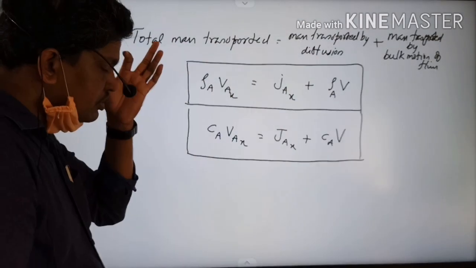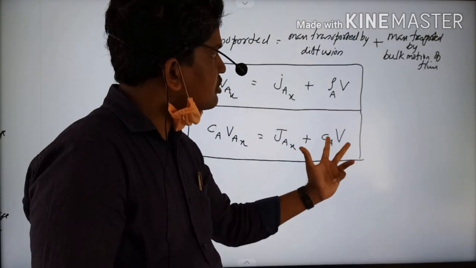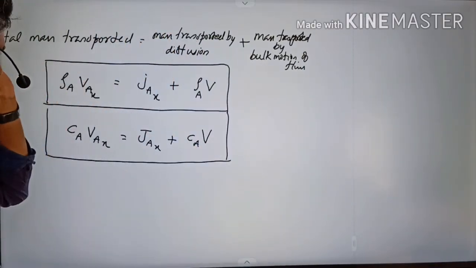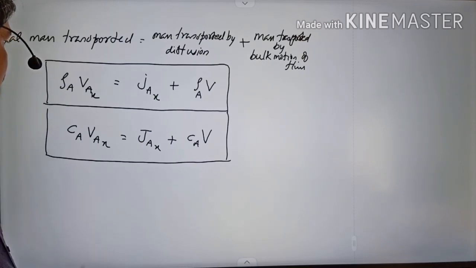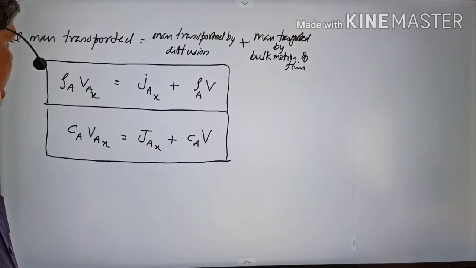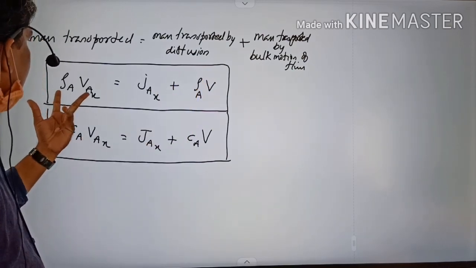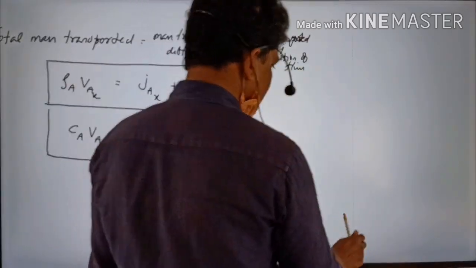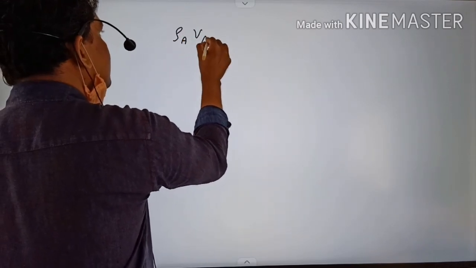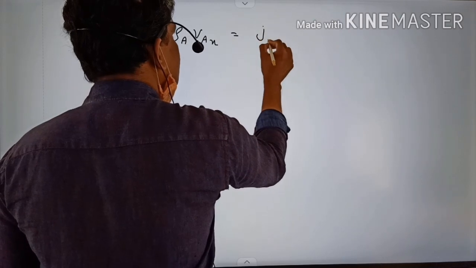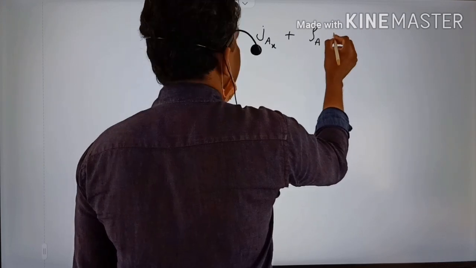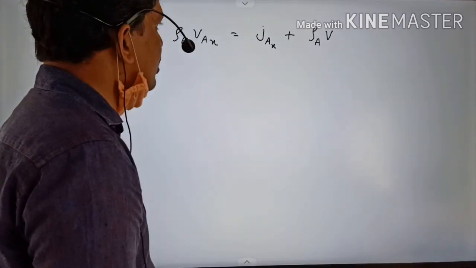The total flux is equal to the diffusion flux plus the flux due to bulk motion. Then rho A VAx is NAx. So we have rho A VAx equal to jAx plus rho A into V, where V is the mass average velocity.